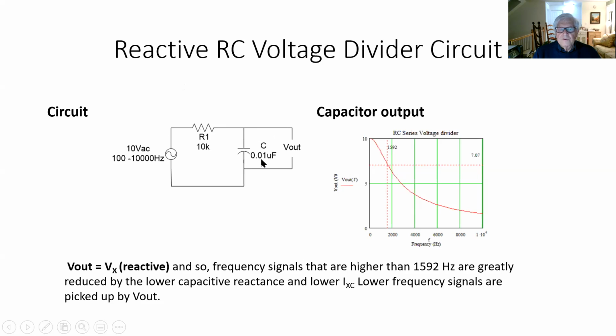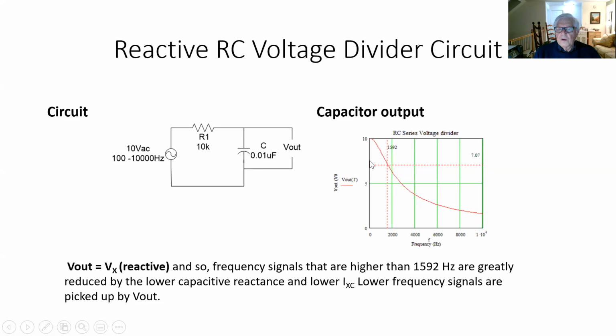If we output across the capacitor, well, what happens? Okay, as the frequency increases, the reactance decreases, rather. The capacitive reactance decreases.